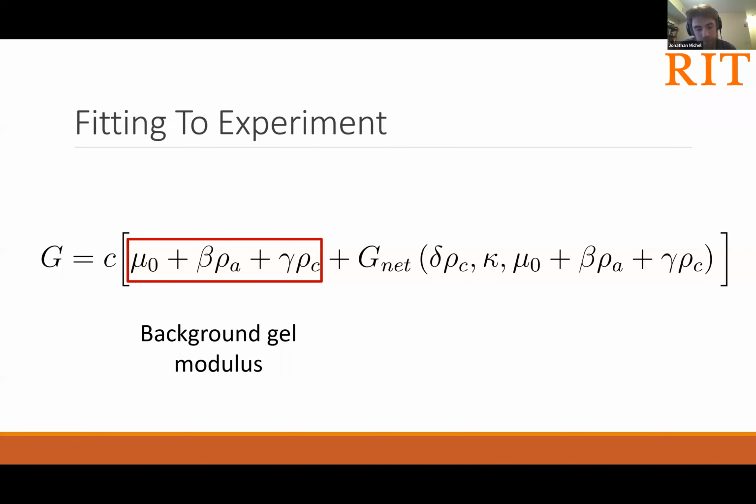Now, so I guess broadly, aggrecan is kind of a proxy for the constituents of this background gel, apart from the hyaluronic acid, and so it's going to kind of control the shear response of this gel, and that can be modulated by a couple of hundred kilopascals, just due to the variation in the background gel.